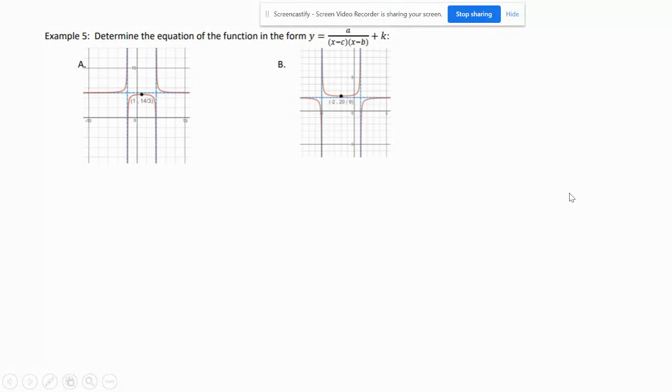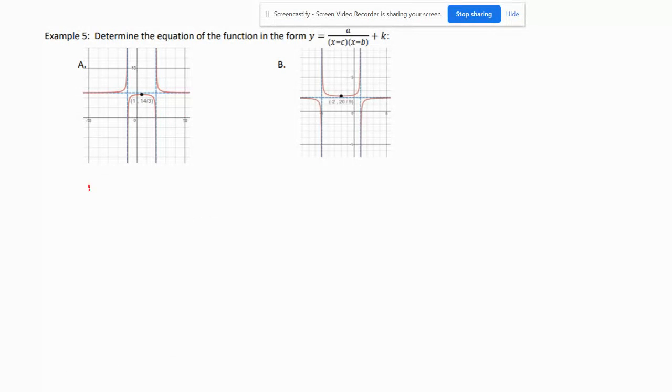Okay, so guys, this is a very similar type of example to what we did before, except now we're looking at rational functions that have 2 vertical asymptotes and 1 horizontal asymptote. So what we're seeing for this one over here, first of all, tricky here, just look at the scale. If this is -10, that means we're going -2, -4, -6, -8, -10. So that means each tick is worth 2. 2, 4, 6, 8, 10 going this way over here.